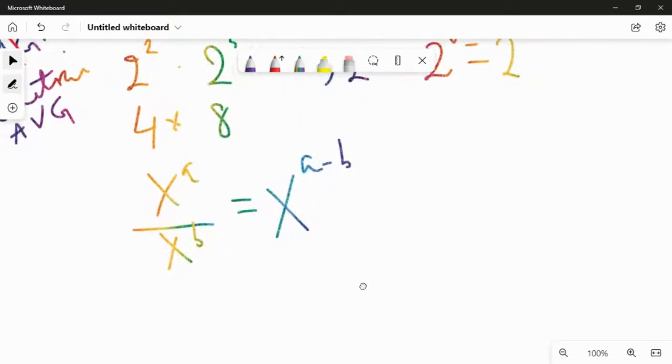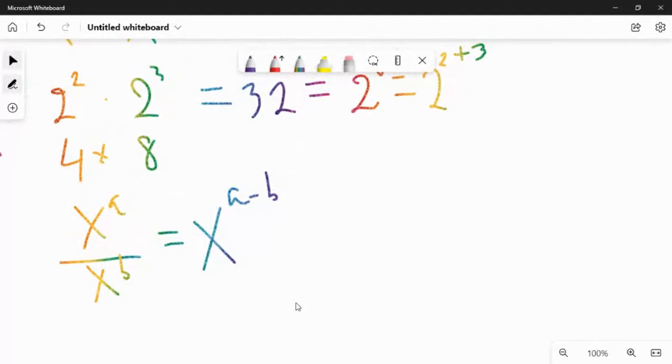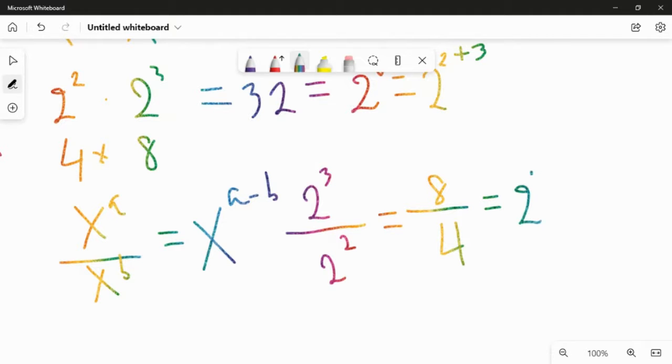As an example, 2 cubed over 2 squared is 8 over 4, which is 2 to the 1.